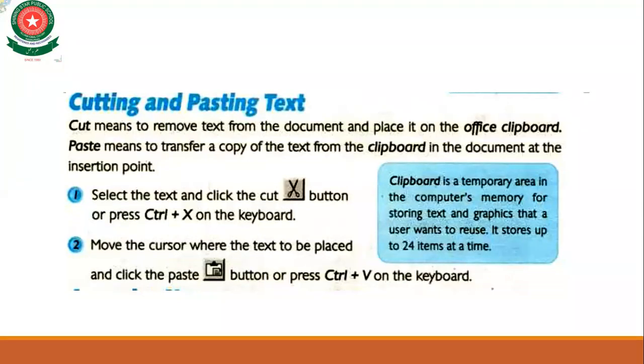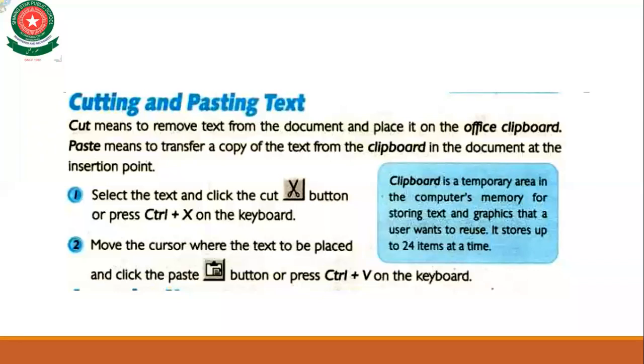Now, if we want to cut and paste something, then first of all, select the text and click the Cut button or press Ctrl X on the keyboard. Select the text which you want to cut, then either click the Cut button or press Ctrl plus X on the keyboard.